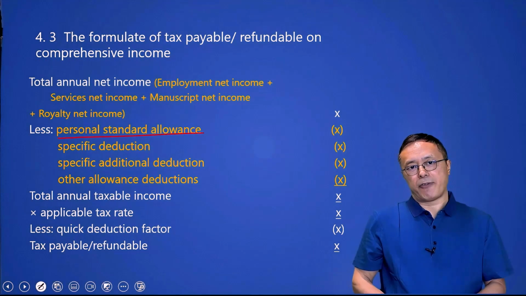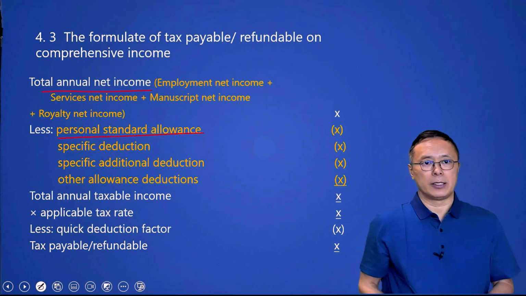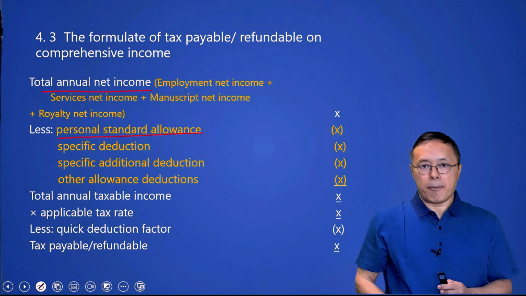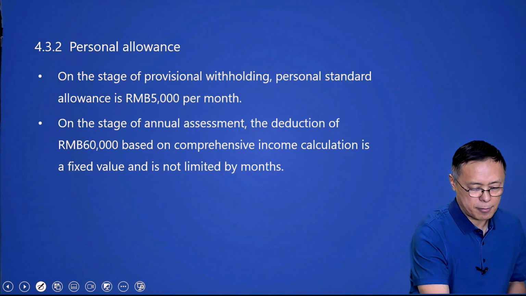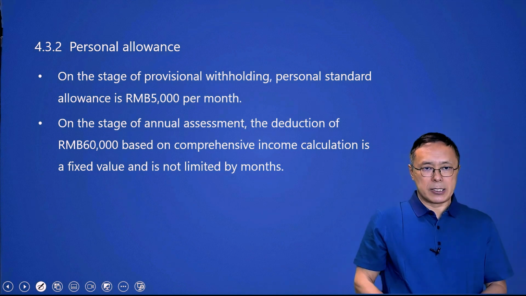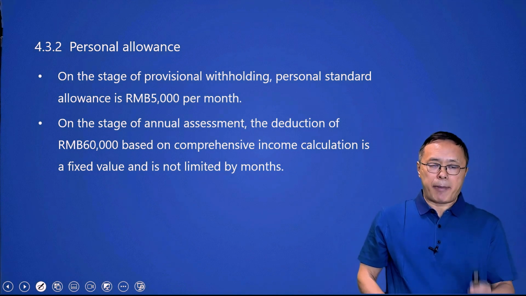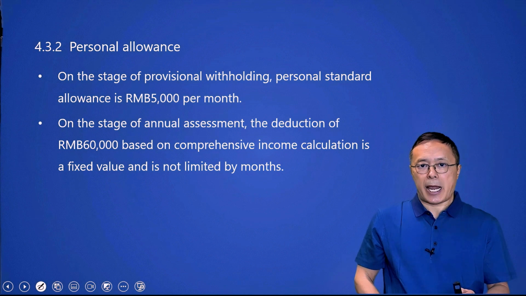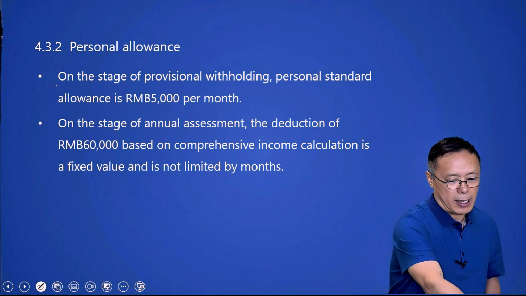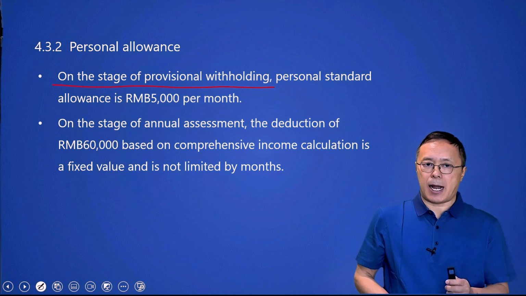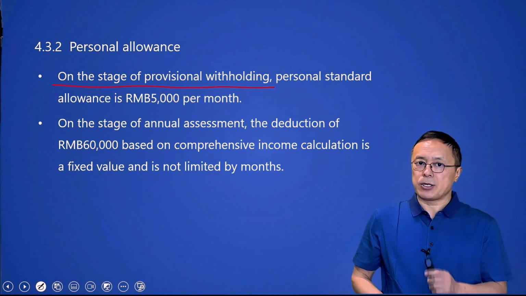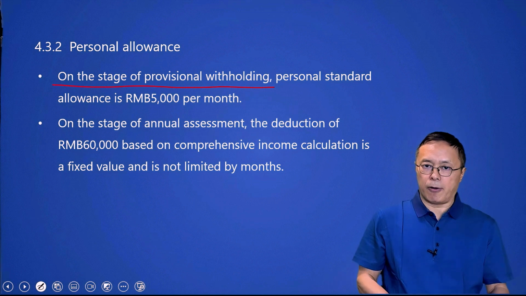Well, as to this formula, we've talked about the total annual net income. Now let's continue to talk about personal standard allowance. Personal standard allowance depends on which stage it is calculated at. On the stage of provisional withholding, personal standard allowance is RMB 5,000 per month. Be careful.